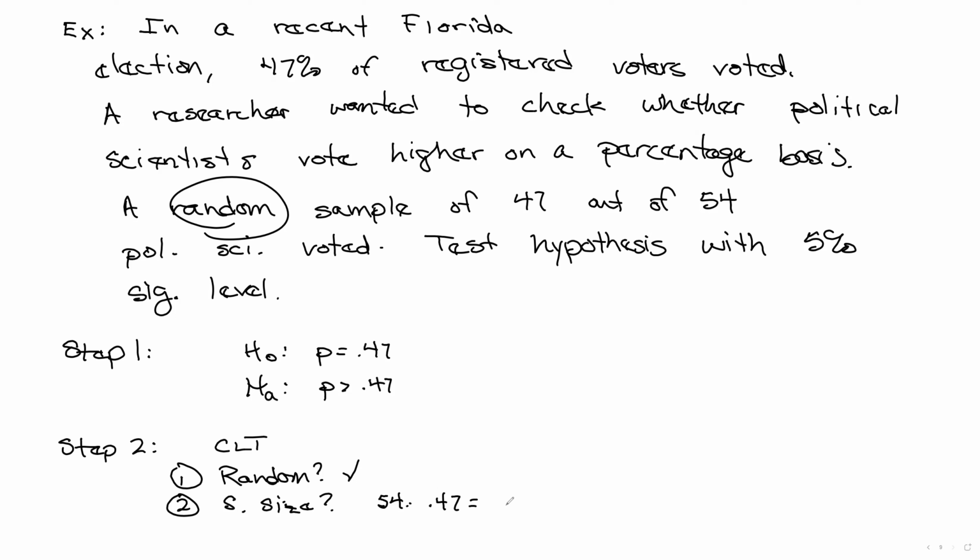I did check this one. You get 25, definitely greater than 10. 54 times 1 minus 0.47 is 29. That's also greater than 10.